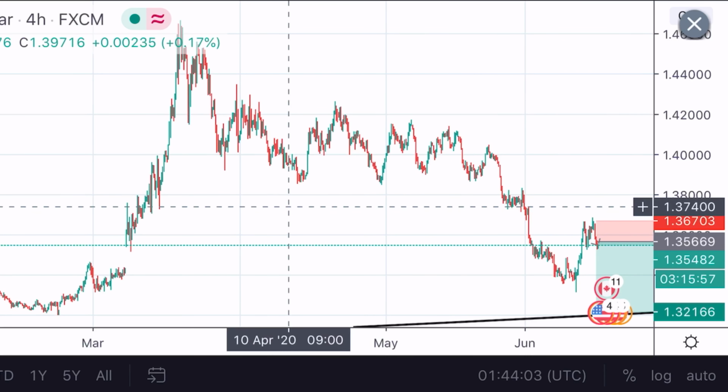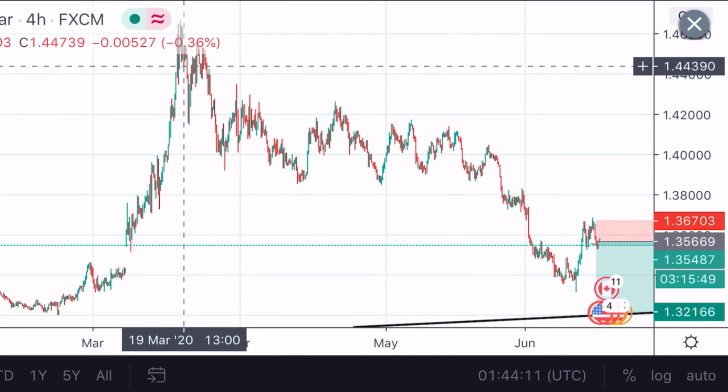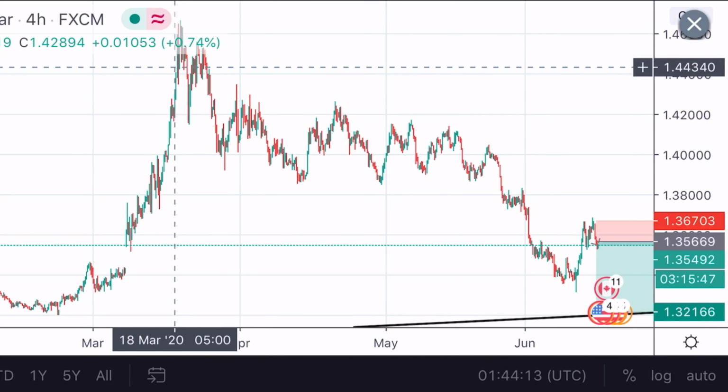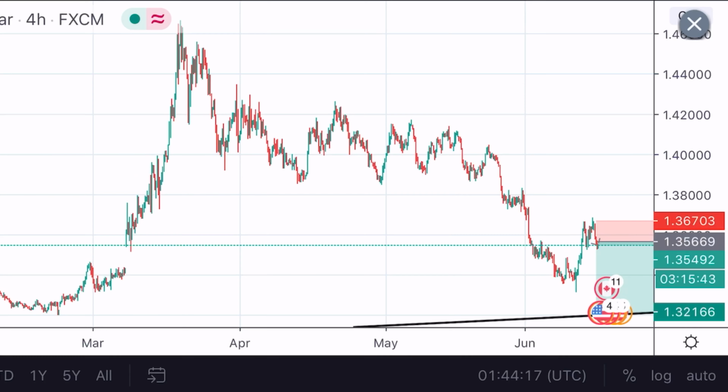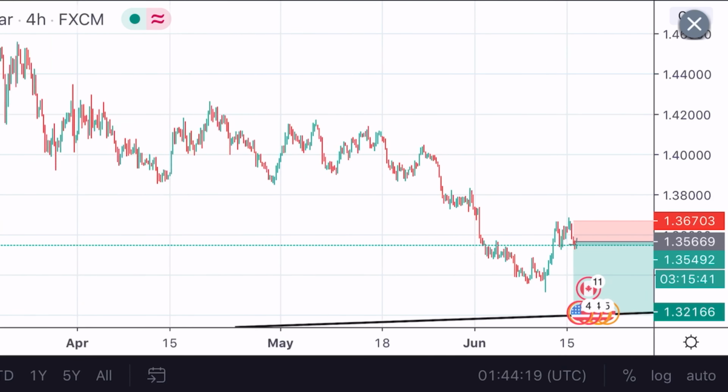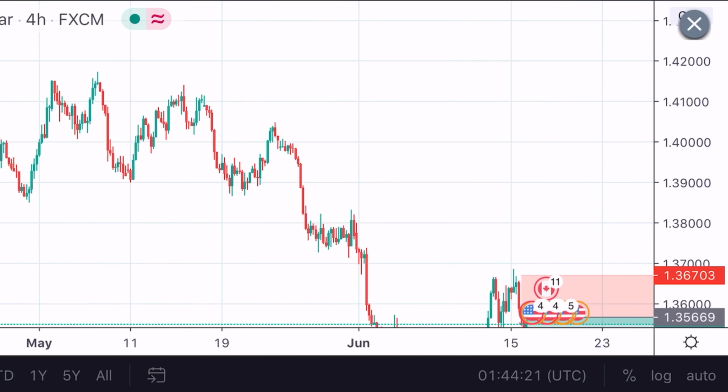No matter how you look at it, or how you assess it, if you go to the daily time frame, or the monthly, this whole thing has been in a downtrend ever since the 18th of March, right? So this being in a downtrend, what does it mean, right? Let me show you what it means.